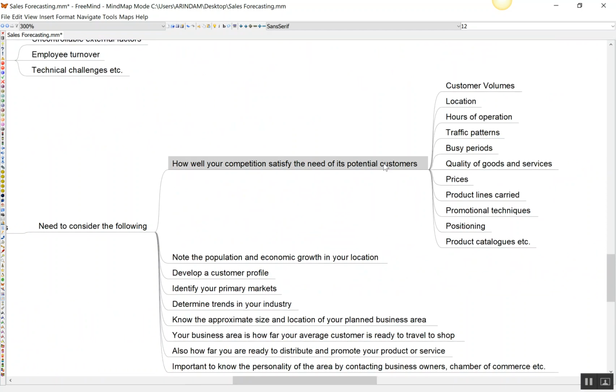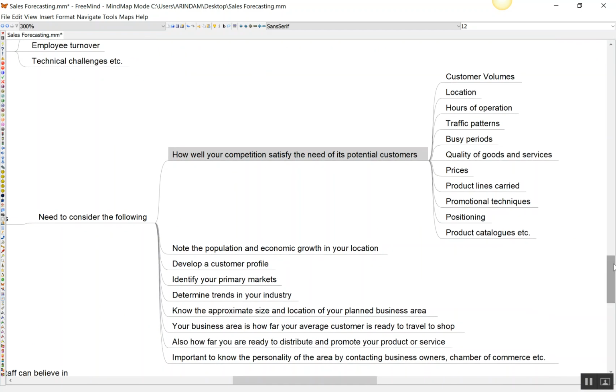When I say so, it ideally means from the perspective of customer volume, location, hours of operation, traffic patterns, busy periods, quality of goods and services, prices, product lines carried, promotional techniques, positioning, product catalogs, etc. These factors have to be taken into consideration while trying to understand the competitive space, right?